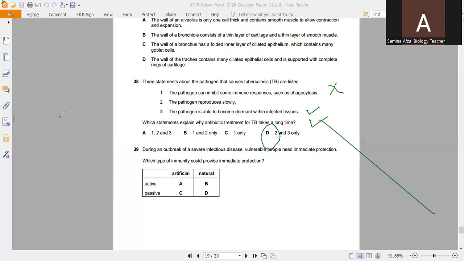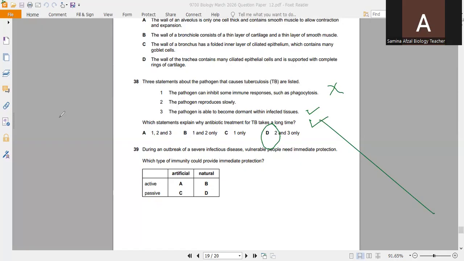Now question number 39. During an outbreak of severe infectious disease, vulnerable people need immediate protection. Which type of immunity could provide immediate protection? Active, artificial, passive, artificial, and natural.